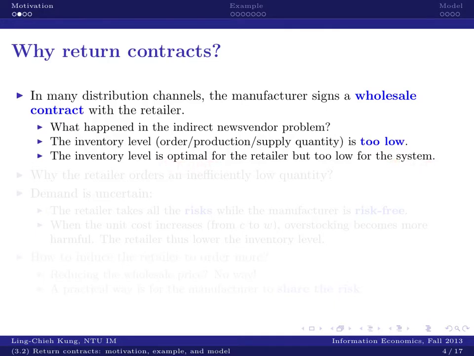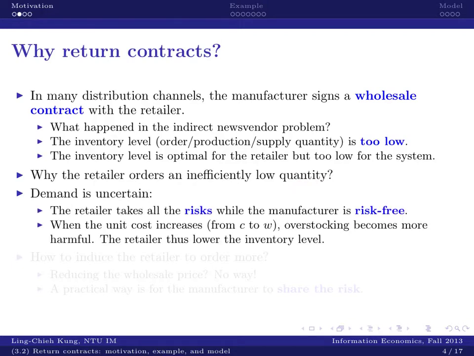We know the inventory level is optimal for the retailer, but it is actually too low for the system. So probably you want to ask why the retailer would order an inefficiently low quantity. Here we say the quantity is inefficient because it is too low.